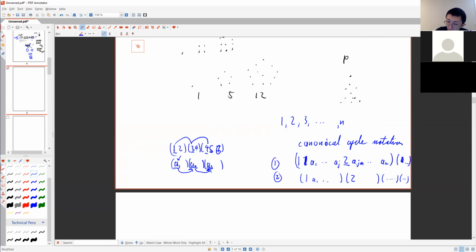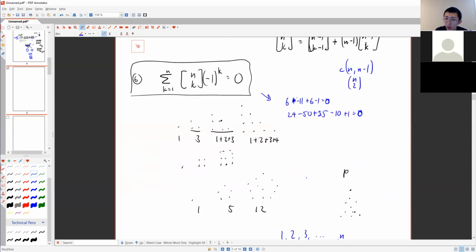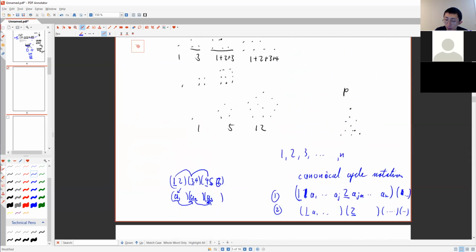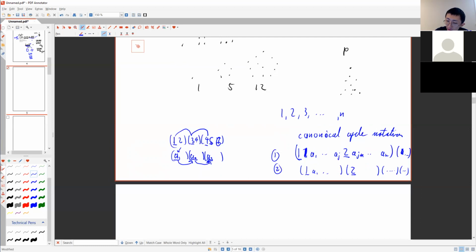Either 2 is in the same cycle as 1, or 2 is not in the same cycle as 1. But suppose, the claim is, so here's the claim. We can change each one of these into one of these and vice versa. So basically you just erase the parentheses that are here.